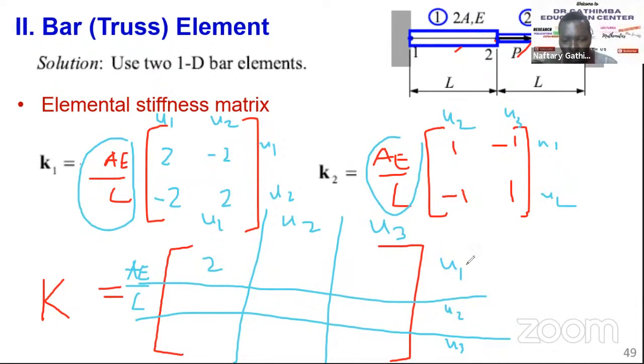In this cell, U2, U1, you find U2, U1 has minus 2 here, and U2, U1 here has 1, so it's minus 2 plus 1. Sorry, this is U2, U1.